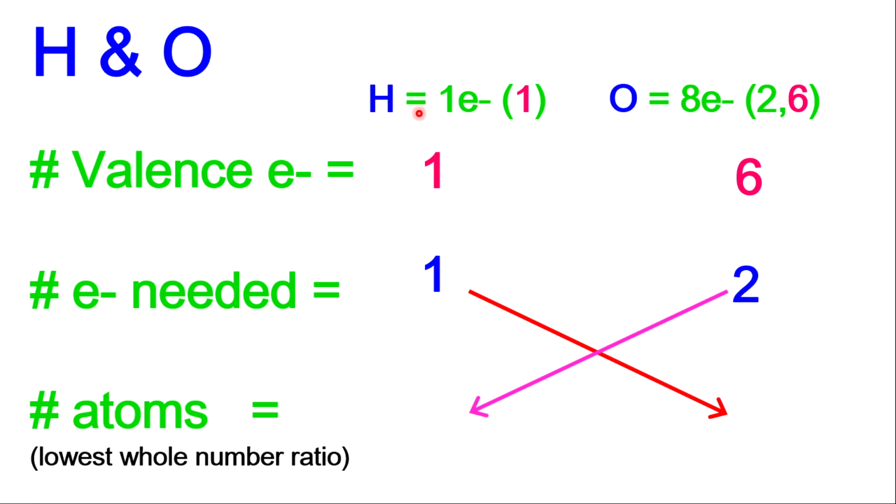Therefore, to create this bond, you will need 2 atoms of hydrogen and 1 atom of oxygen. It is very important to point out that the number of atoms needed should be in the lowest possible whole number ratio. 1 and 2 is the lowest.